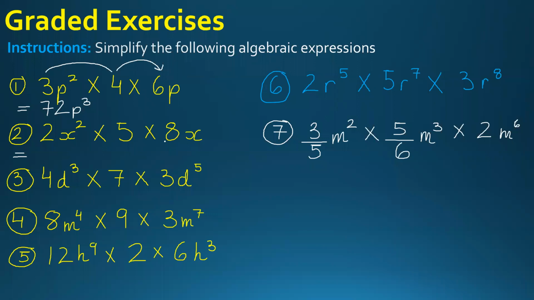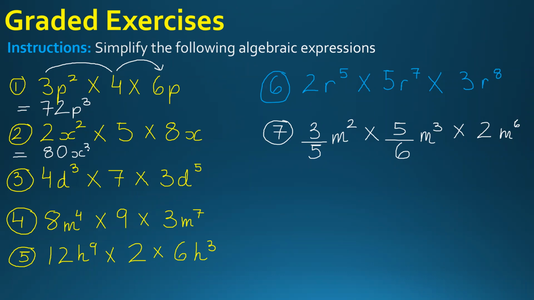10 times 8 is? 80, very good. So 80 x to the power 2 plus 1, which is what? 3.